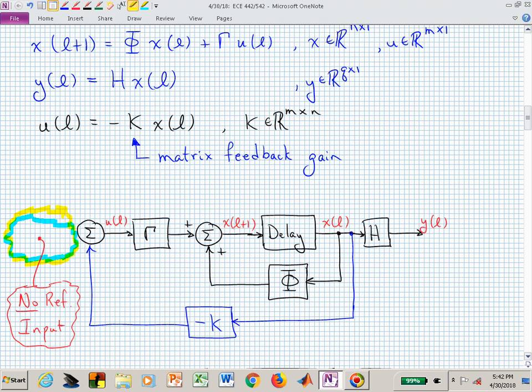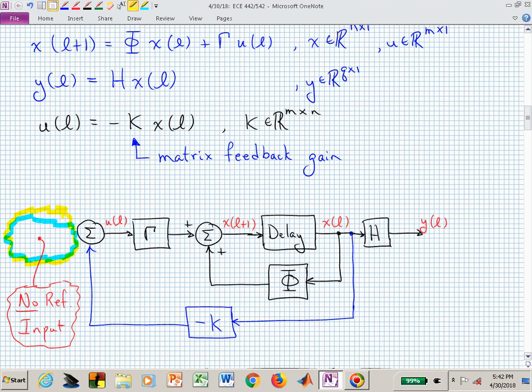So if you didn't like the percent overshoot, the settling time, or the peak time, you could reposition the closed loop eigenvalues through the selection of that gain matrix K to adjust the behavior of your closed loop system's dynamics.